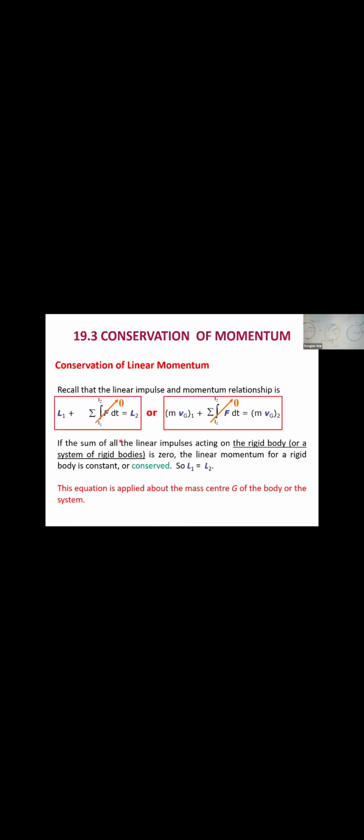What will happen if the linear impulse in the time duration from t1 to t2 is 0? Then you will see that the initial linear momentum on the left side should be equal to the final linear momentum on the right side. Okay, and this equation is applied about the mass center point G.